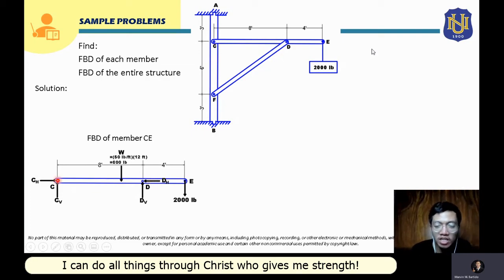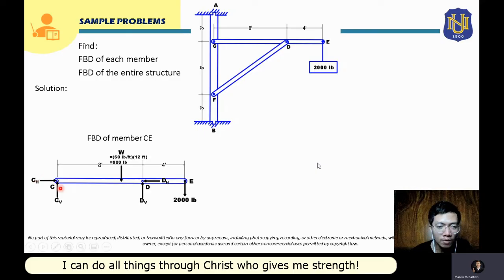If our horizontal reaction at D is directed to the left, then at pin support point C there will also be two reaction forces, one horizontal and one vertical. Since DH is directed to the left, to keep this member in equilibrium, CH should be directed to the right, just to maintain equilibrium for this free body diagram.